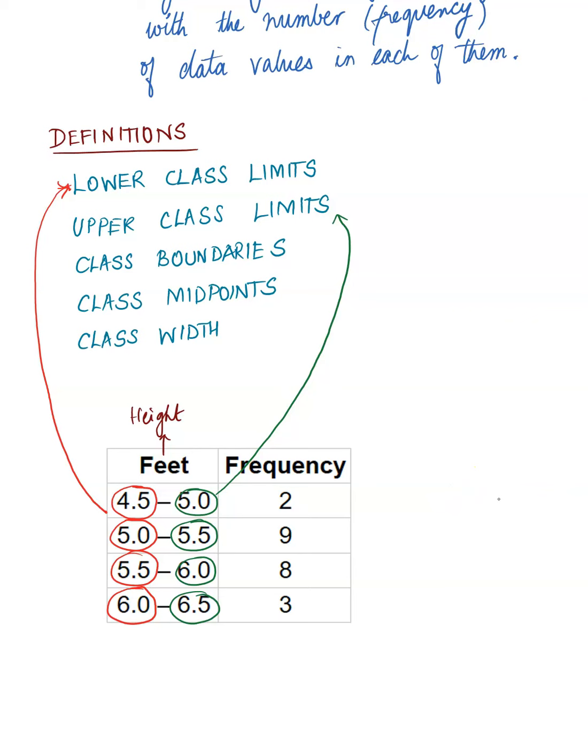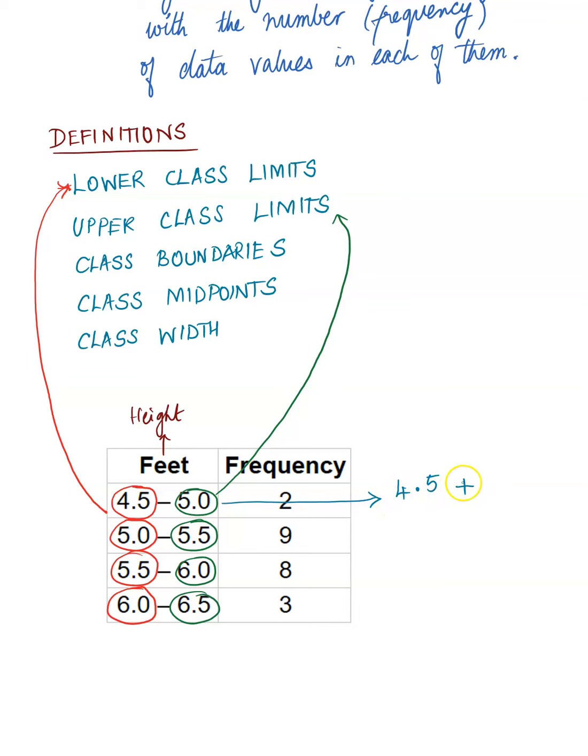Okay, and then we have class midpoints. As the name suggests, this is the middle value of each class. So if you want to find the midpoint of the first class, how do you find the midpoint? You add the lower limit and the upper limit and divide it by 2. That is how we find the midpoint between two values.